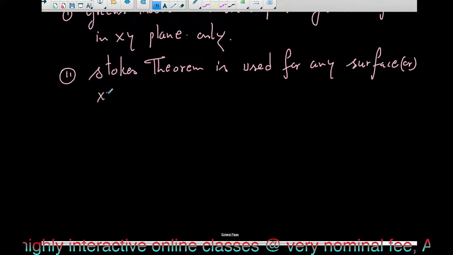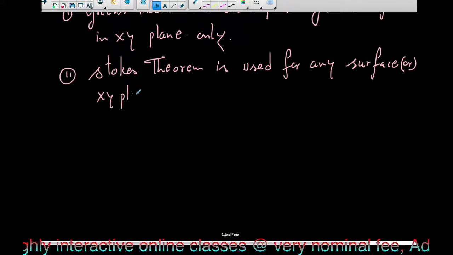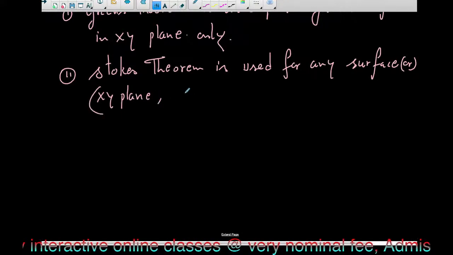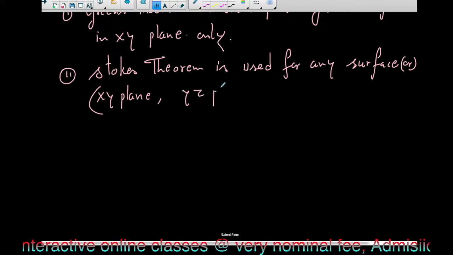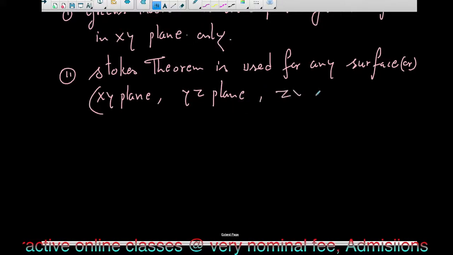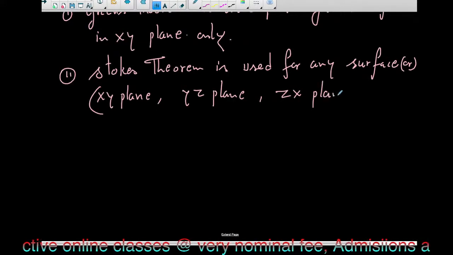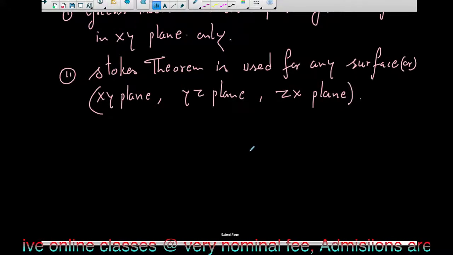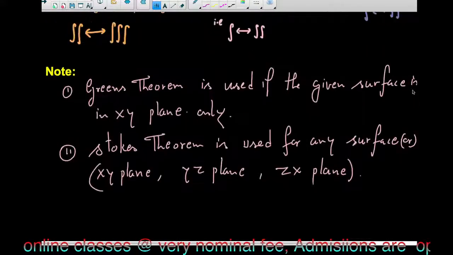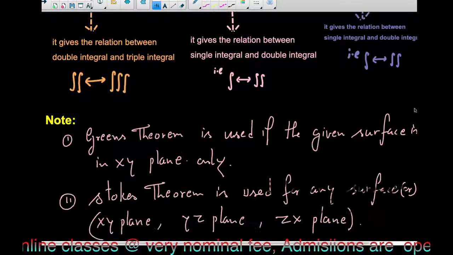Wherever Green's theorem is applicable, Stokes also applies. So xy plane, yz plane, zx plane, or any other plane. So what do Green's theorem and Stokes theorem signify?